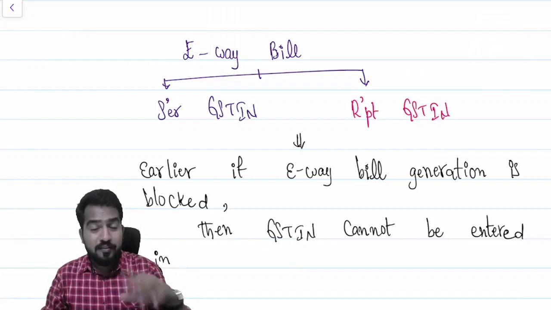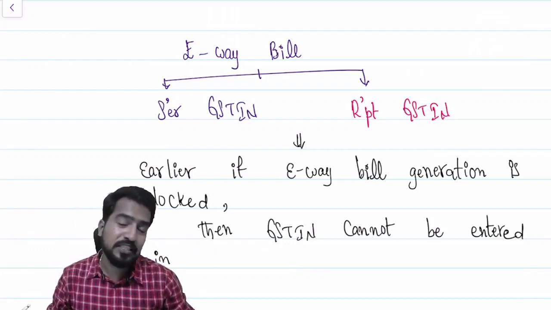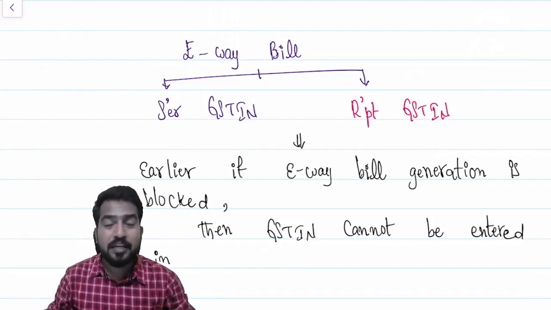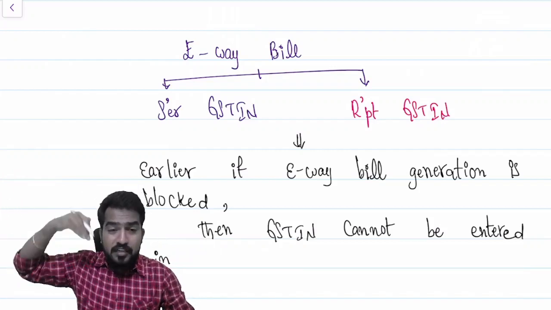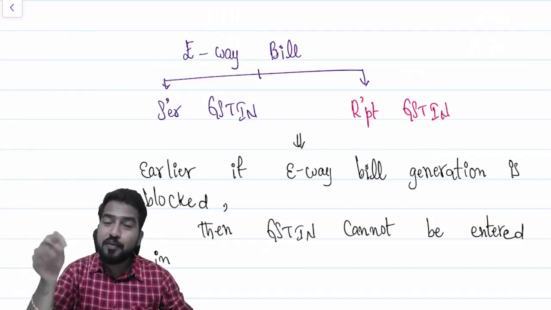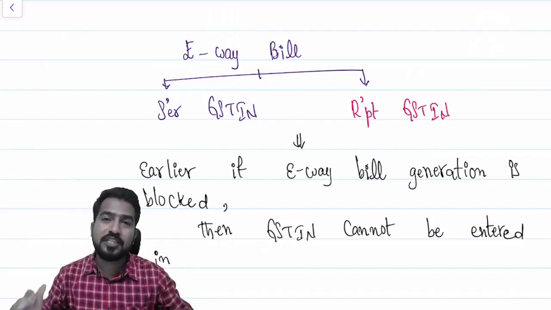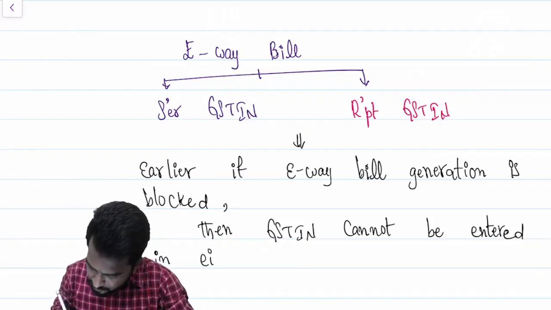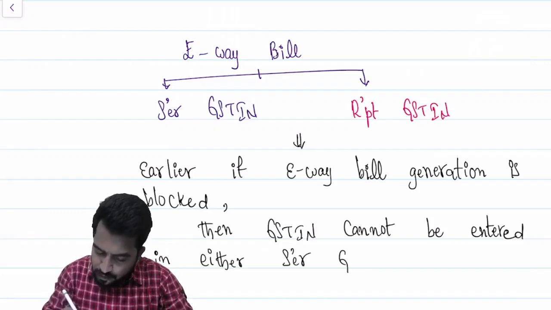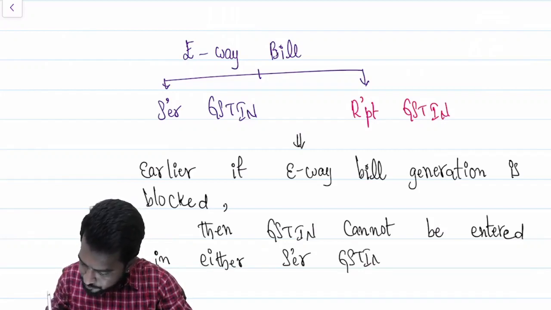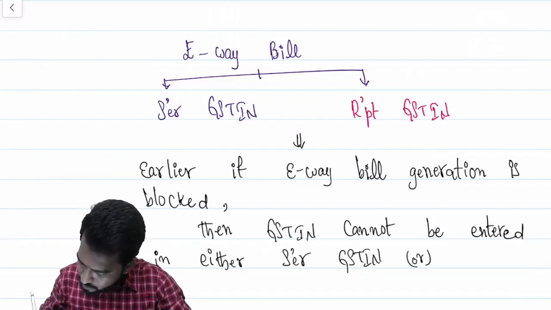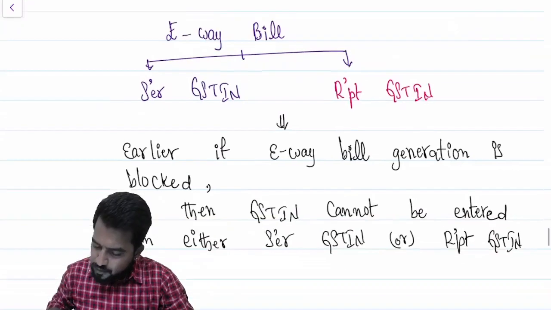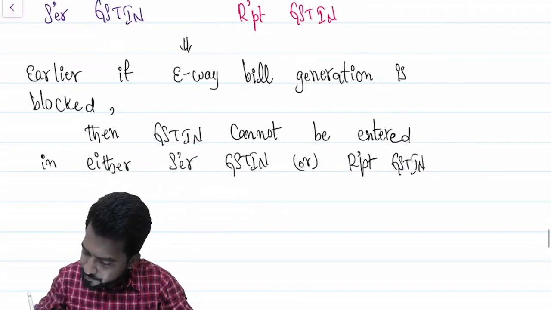That means if I'm selling something, I cannot generate an e-way bill for my customer. If I am buying something, and my seller wants to generate an e-way bill to send the goods to me, he cannot generate that. That means that GSTIN cannot be entered in either the supplier GSTIN column or the recipient GSTIN column.